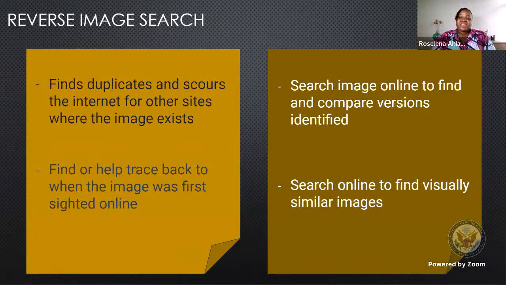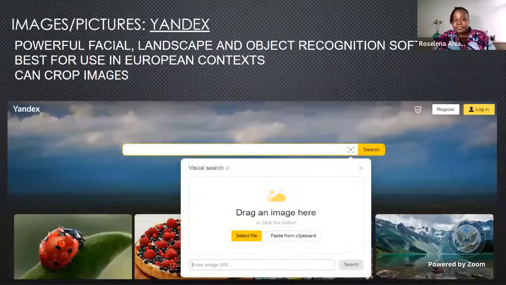So with reverse image search, what it helps you to do is to look for duplicates of the image online, try to ascertain when the image was first cited online, and in some cases allows you to compare versions of the image that you've submitted into the search engine with images that might have been drawn out from the search. And then it will also present you with visually similar images that you can use to find a sense of direction for where you want to go.